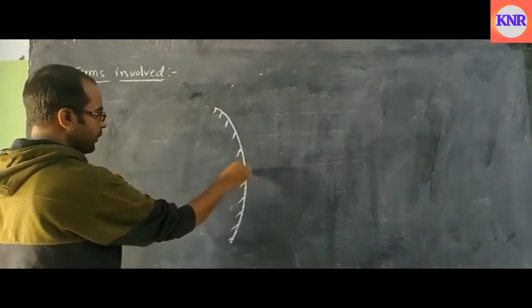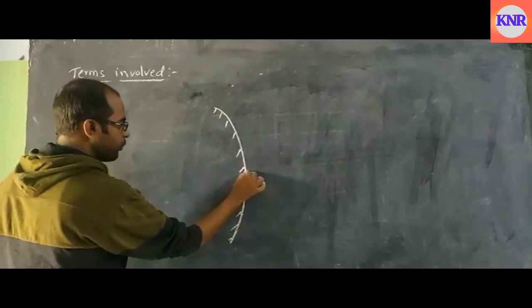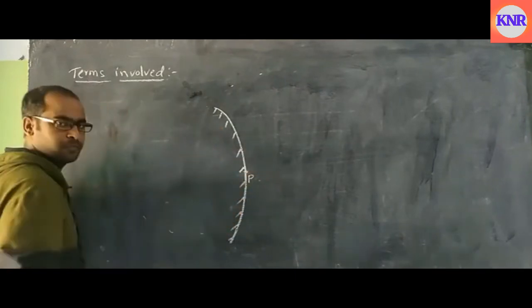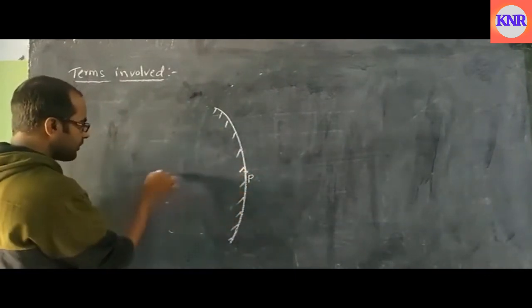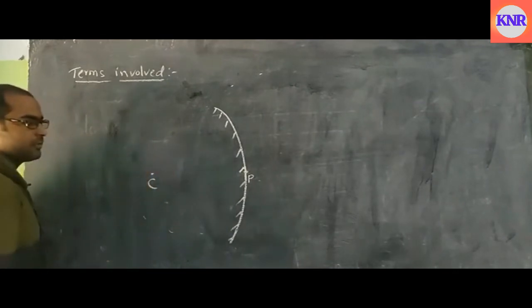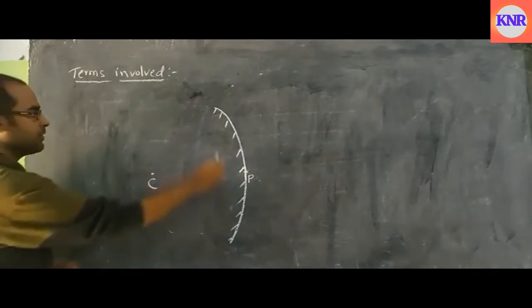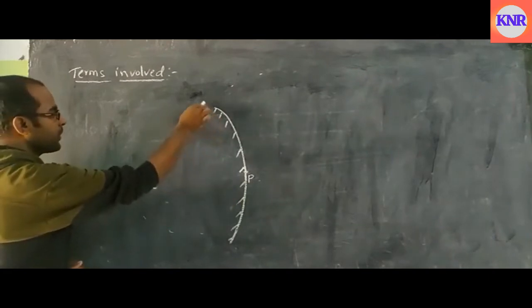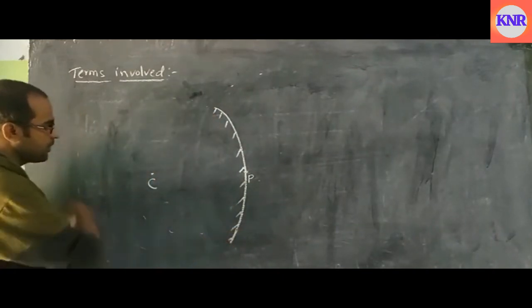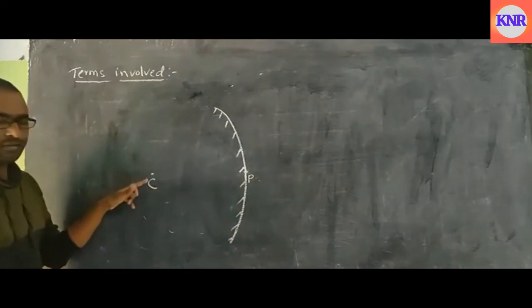And so the convex mirror: the midpoint or the geometrical center of the mirror is pole, and the center of the sphere from which the mirror is obtained is the center of curvature. You shouldn't forget that. This is the sphere we have to take here, so the center will be here.